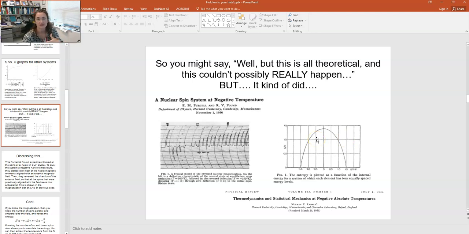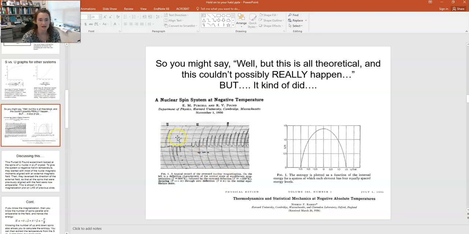They were in that excited state where they were anti-parallel to the field with a positive U, but a slope on an S versus U graph that was negative. Now, maybe I can show you here. What's on this plot on the left-hand side, I know the type is small, is a record of the nuclear magnetization.